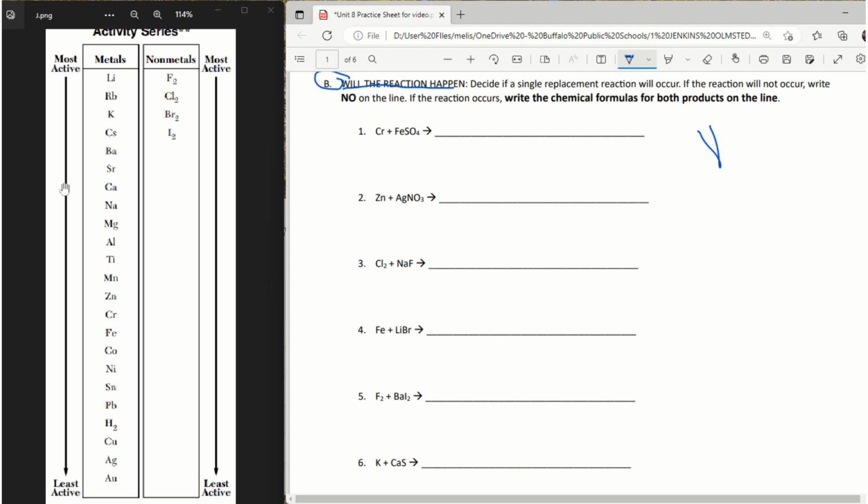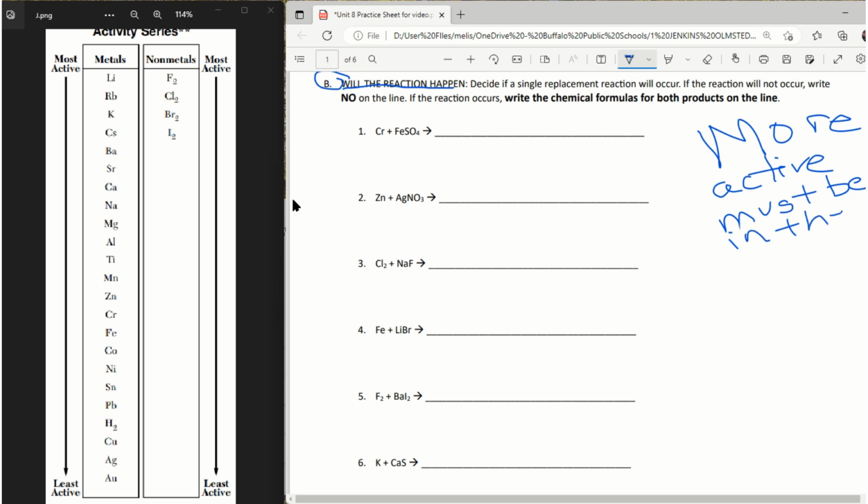If it is more active, it must be in the compound. Why? Because it is stronger. So the more active elements cannot be alone.